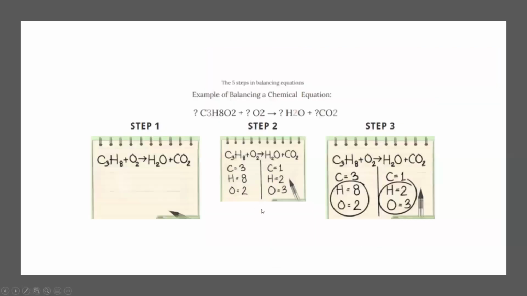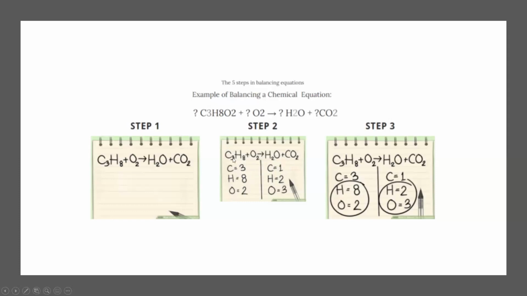One important thing is how to balance a chemical equation. For example, here we have this compound that is made of 3 atoms of carbon and 8 of hydrogen that is reacting with oxygen to make water and carbon dioxide. You have to count the number of atoms in the reactants and the number of atoms in the products.